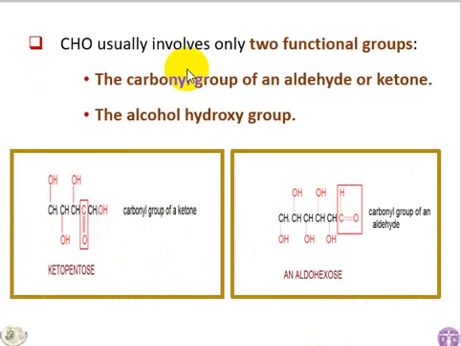The functional groups of carbohydrate are the carbonyl group, which is either aldehyde, C double bond O H, or ketone, C double bond O. The other functional group is the alcohol hydroxy group. These are the alcohol hydroxy groups.